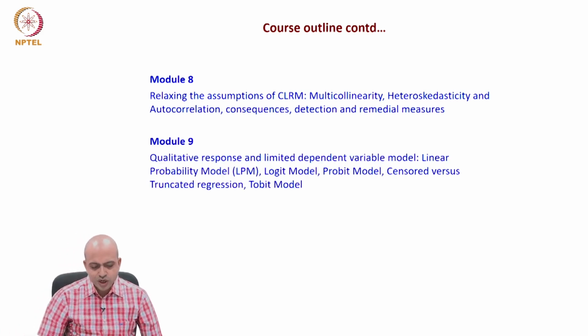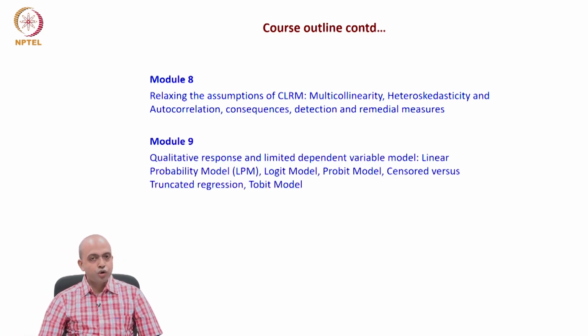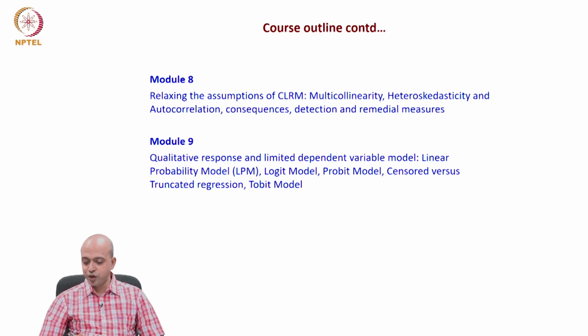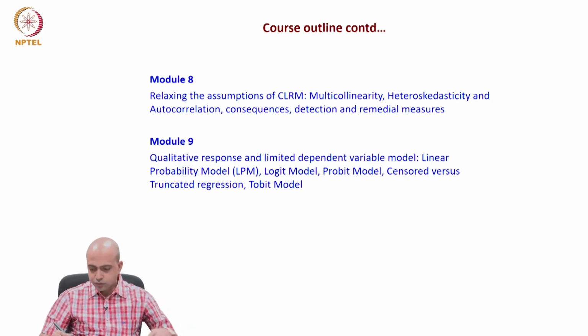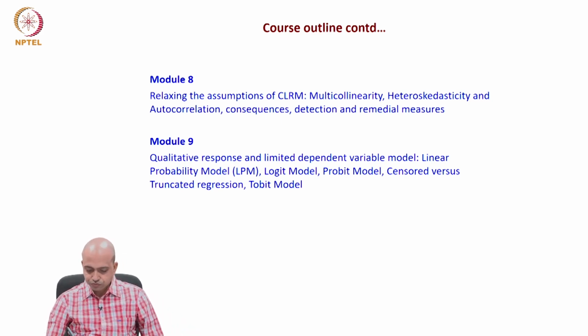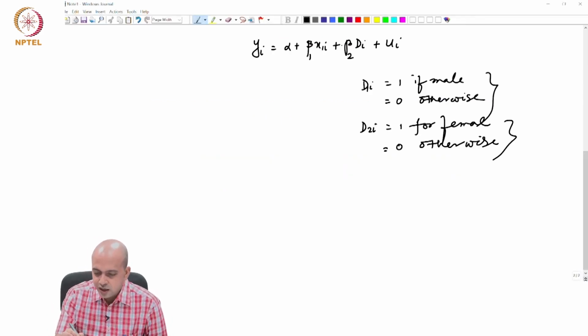Then this is going to be our last module, module 9. Here we are going to discuss the qualitative response or limited dependent variable model. For example, when we talk about the dummy variable, here the dummy variable is an explanatory variable.